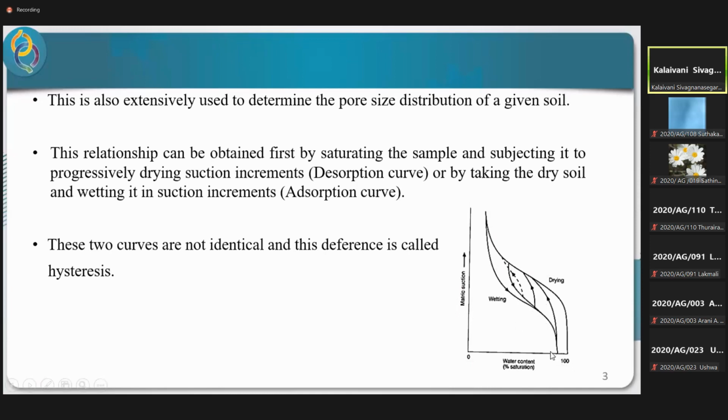And when you wet the soil, what will happen? We call these the desorption curve and adsorption curve. If you study the theory part, you will understand. I just introduced these terms. When you are drying the soil, you can observe the desorption curve, which means the water content here is decreasing.